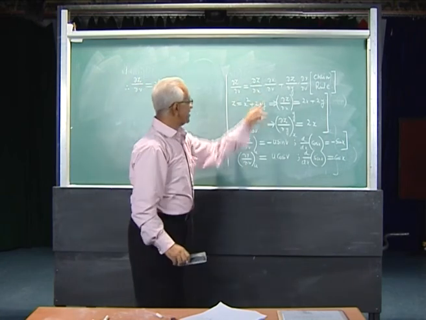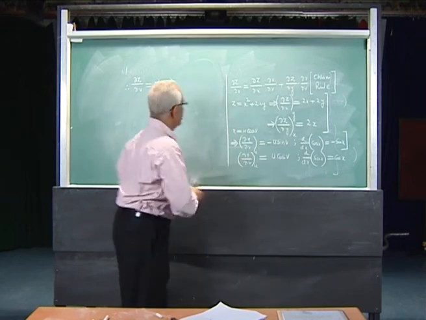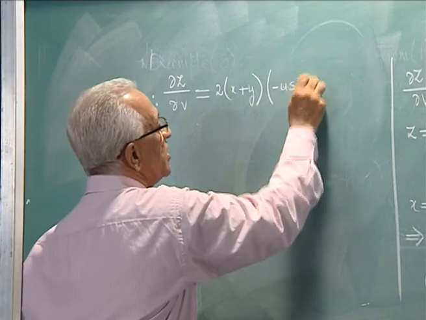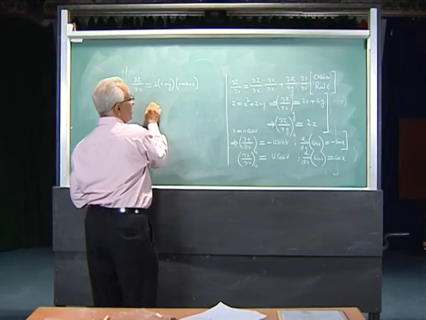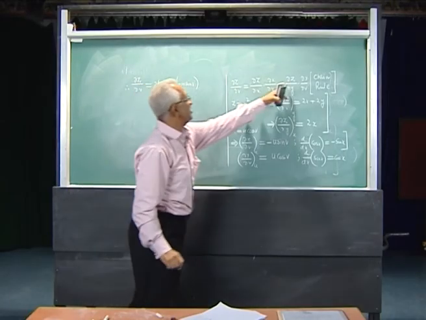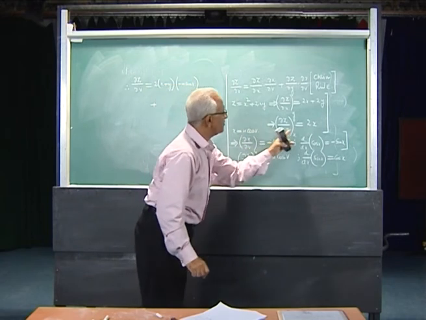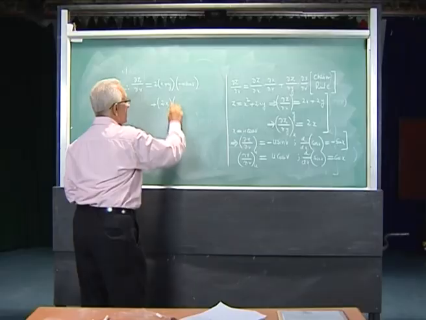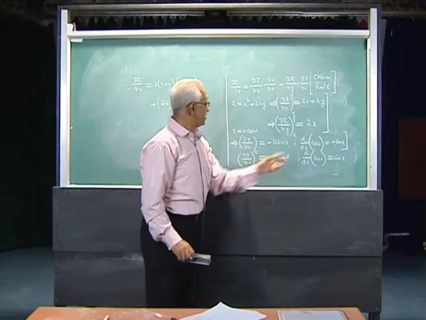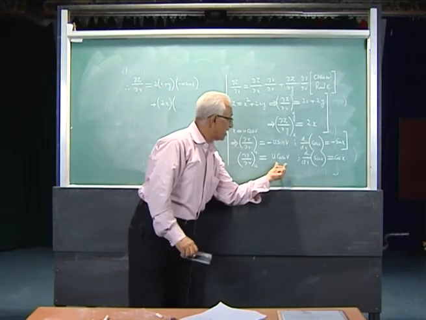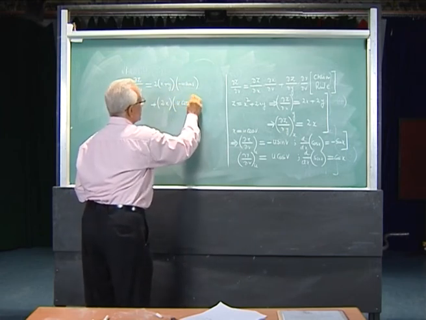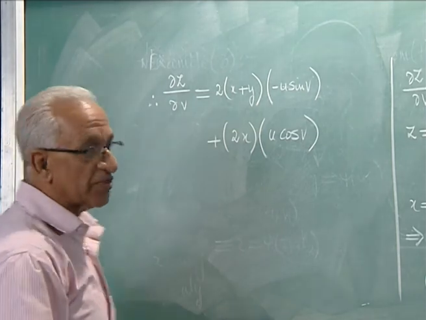Then dx dv I will take from here, this will be minus u sine v. Then we have plus dz dy, I will borrow it from here and substitute 2 times x, into dy dv, which is to be taken from here, and I will get u cos v.